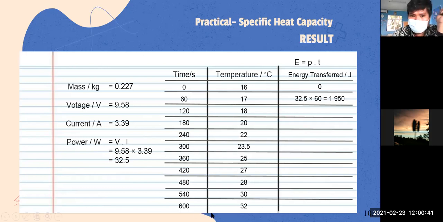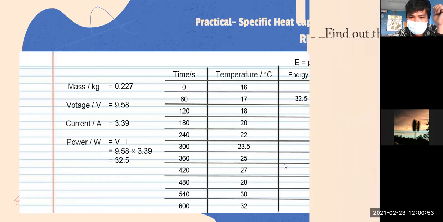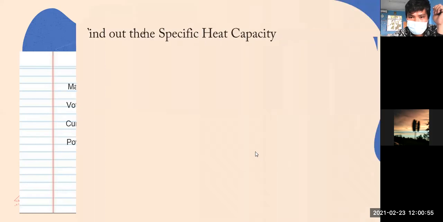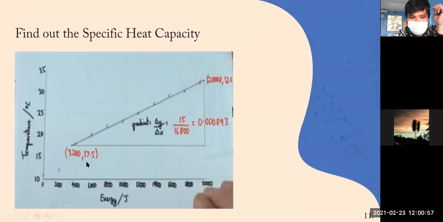We continue this for the rest of the table. Now we have our values, and we are going to plot them on a Cartesian coordinate field. On the x-axis we have the energy, and on the y-axis we have the temperature.